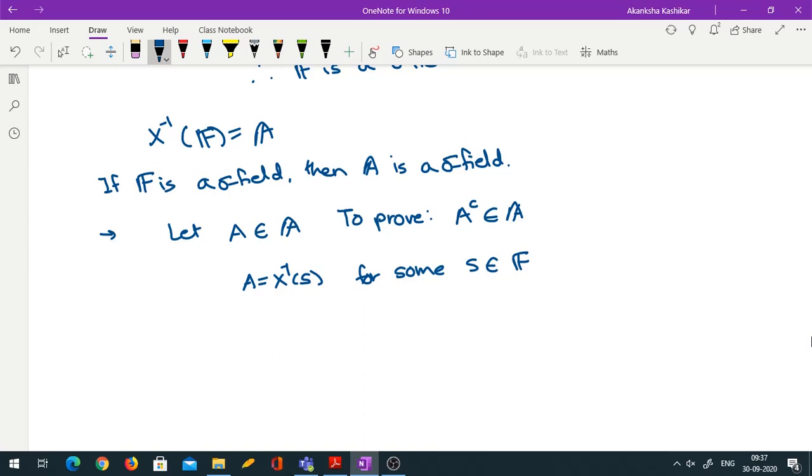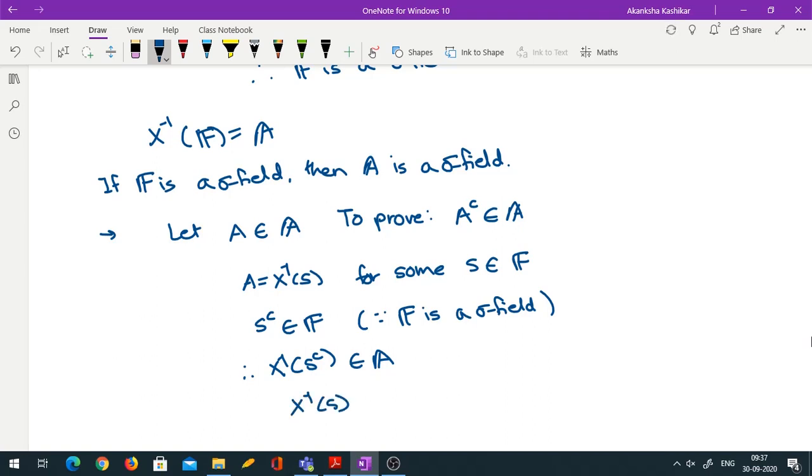And now F is a sigma field. So S complement will also be in F since F is a sigma field. Therefore, X inverse of S complement will also be in A, and X inverse of S complement is nothing but X inverse of S whole complement, and X inverse of S is A, so we have proved that A complement is in script A. Okay, so we have proved that A is closed under complementation.